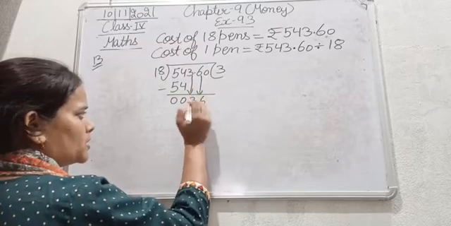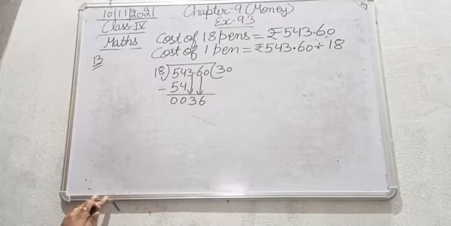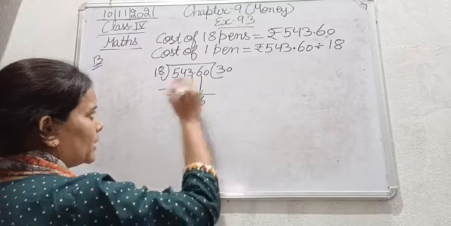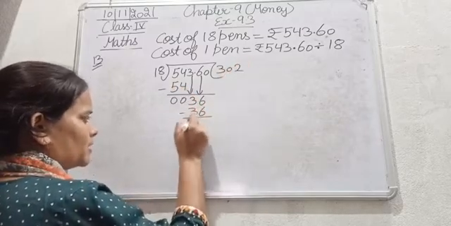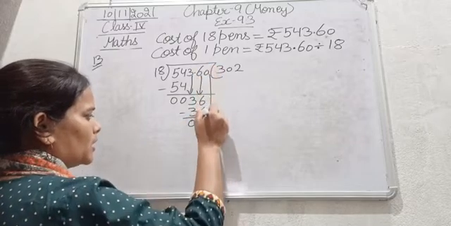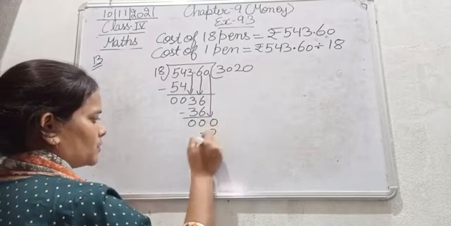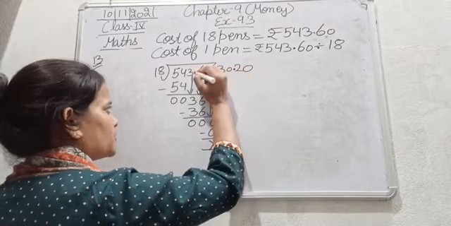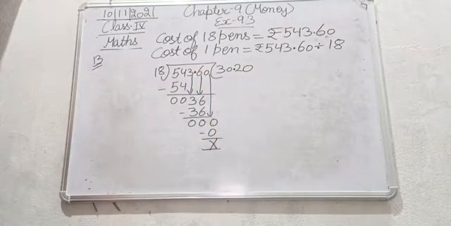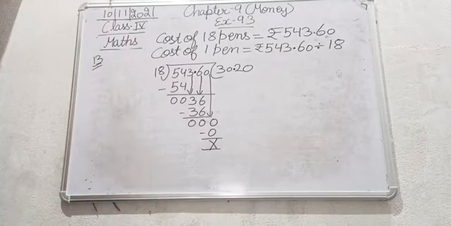When we bring down two digits together, we put a 0 in the quotient. So 36 divided by 18: 18 twos are 36. 36 minus 36, 0. Bring down the last digit, 0. 18 zeros are 0. Now put the decimal. In the question, after the decimal we have two digits. So similarly, this is the cost of 1 pen, that is 30 rupees and 20 paisa.